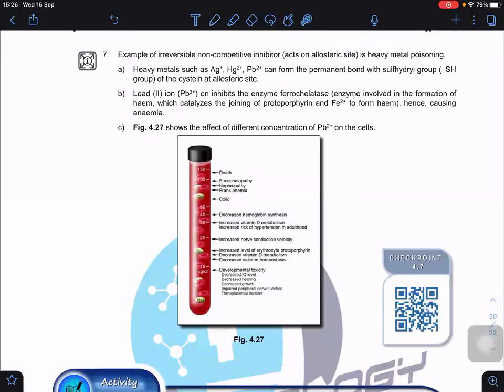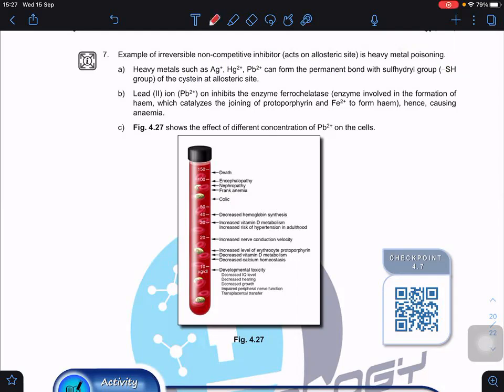So it means that it forms permanent bonds with the enzyme's allosteric sites. An example of an irreversible non-competitive inhibitor acting on the allosteric site is heavy metal poisoning. For example, silver, mercury, and lead can form permanent bonds with the SH group of the cysteine.